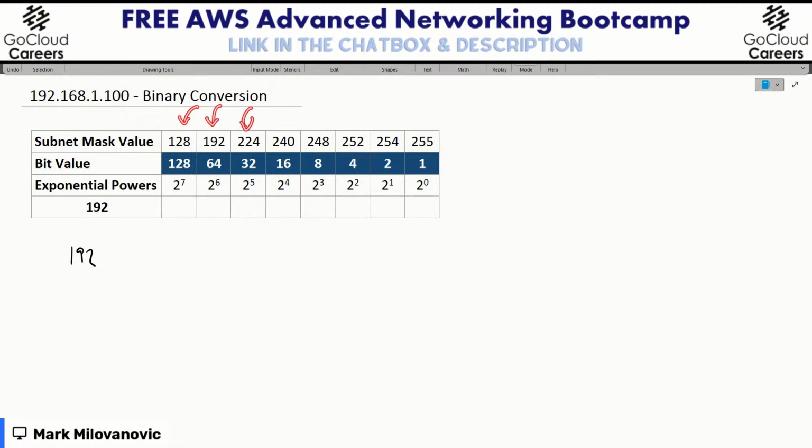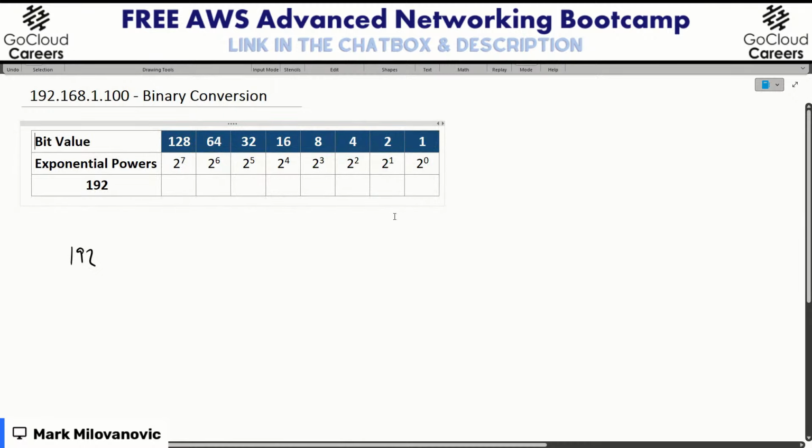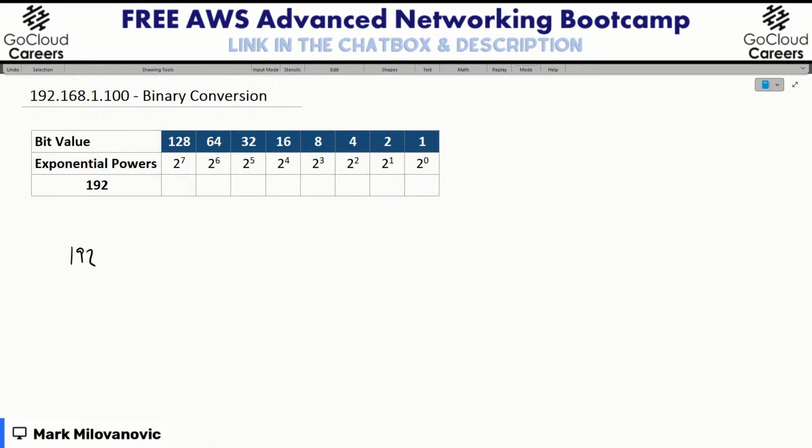I apologize, let me remove this entirely so I don't confuse you. That's probably a little bit better. So which coins can we start off with that will allow us to get the closest to the number 192? Which one would you pick?